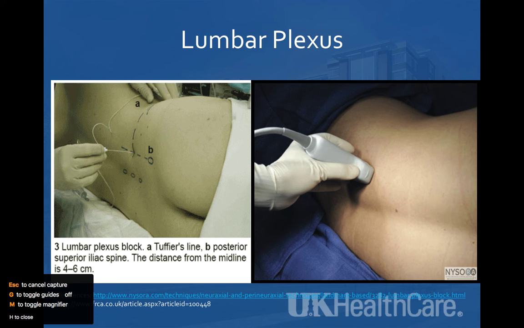Typically, if the resident introduces the needle and doesn't have any osseous contact whatsoever, I'll have them take the next direction a little more medially, anticipating that maybe we have missed the osseous contact somewhere laterally, or maybe the transverse process doesn't project quite as far laterally as we want.